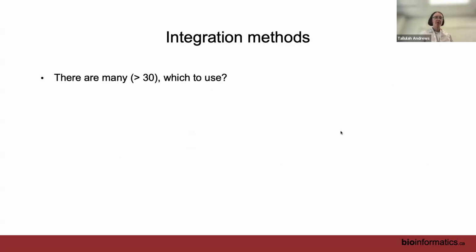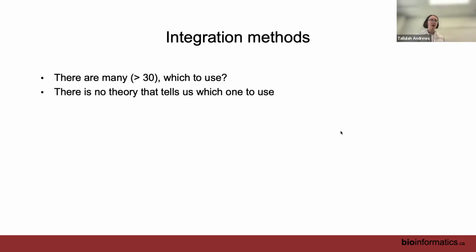All right, so which data integration methods should you use? If you go looking in the literature, there's over 30 of them out there. There's some benchmarking studies you could look at if you want to look at which ones work well. But there's no theory that tells you which one to use.